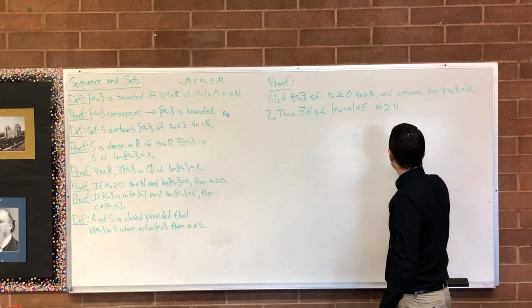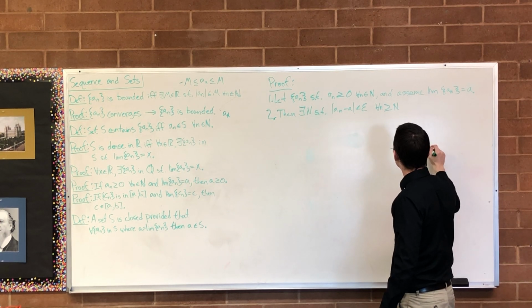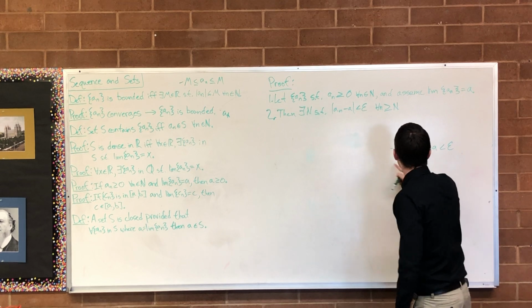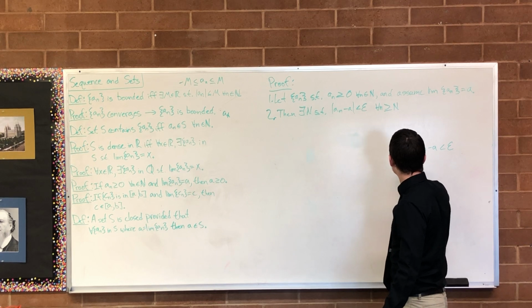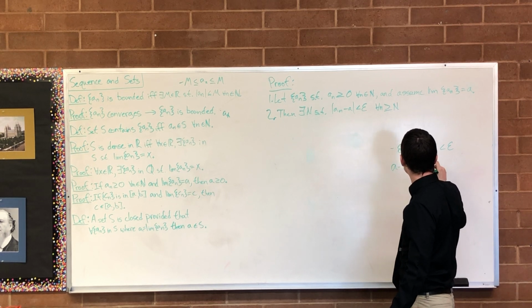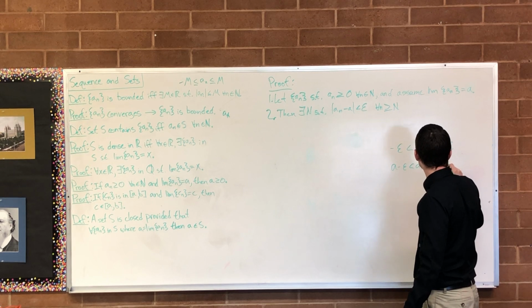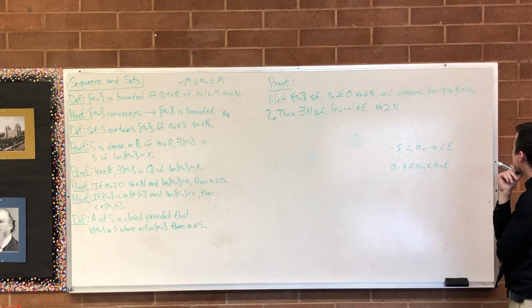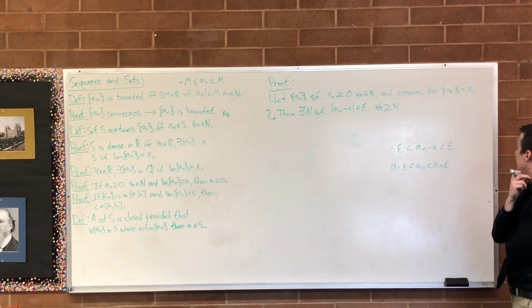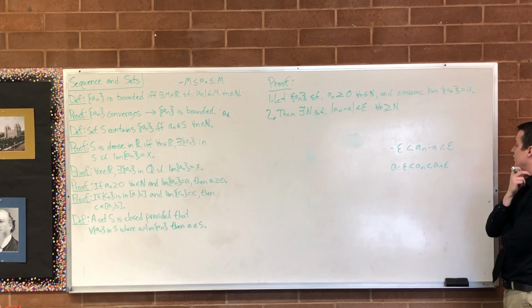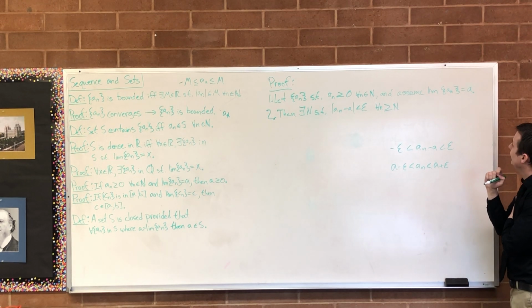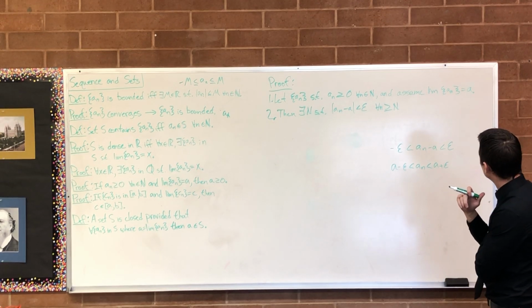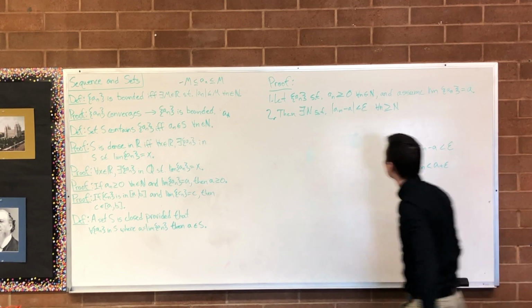So then I know negative epsilon is less than a_n minus A is less than epsilon. That would give me that A minus epsilon is less than a_n is less than A plus epsilon. So I can get this a_n minus, how would I get epsilon to be half the distance between those? Let's look at my notes, see what I did.